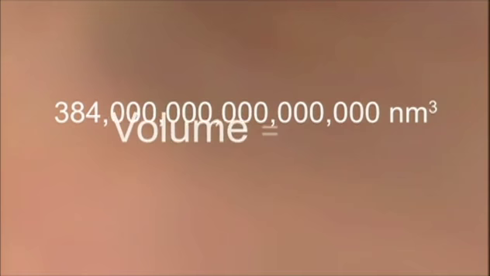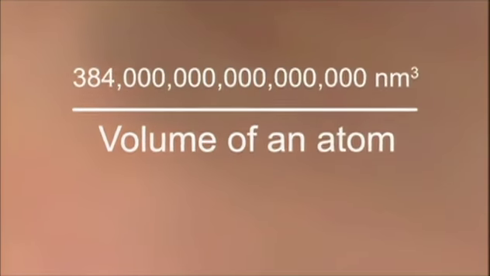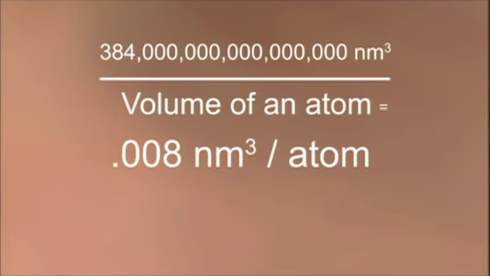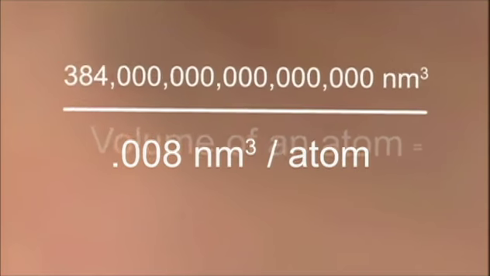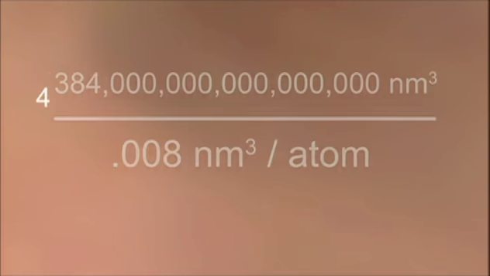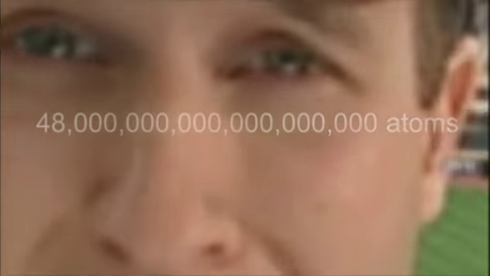Then, we divide that number by the volume of an atom. Now, on average, there are about 125 atoms in each cubic nanometer, which is a tiny number. So, we end up dividing a huge number by a tiny number, which gives us this number. Look at this. How can there be this much of anything? That's a lot of atoms.